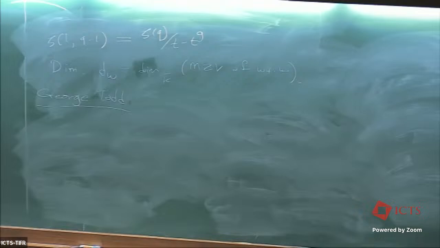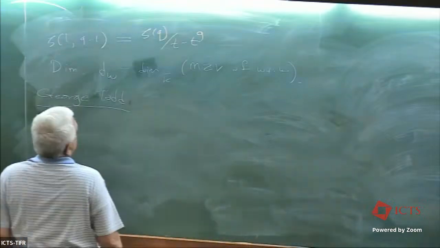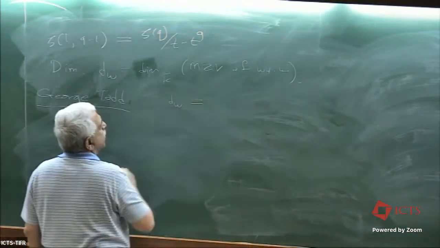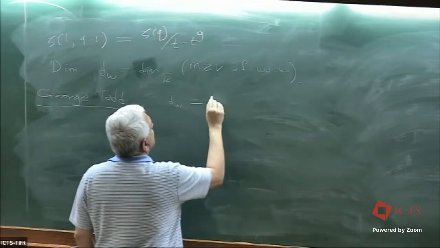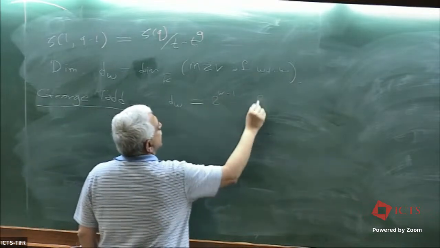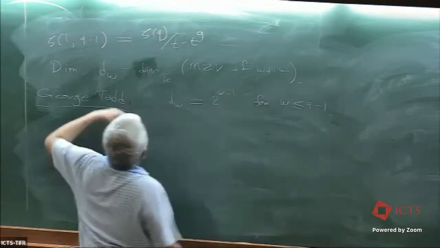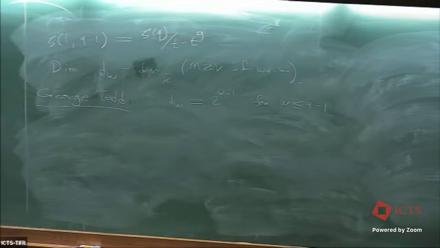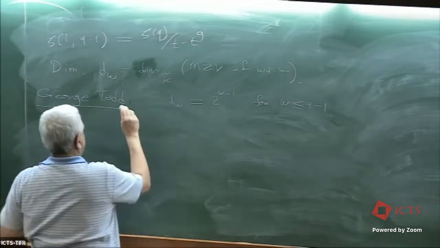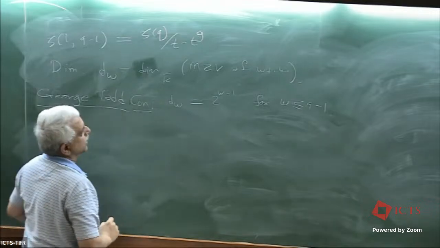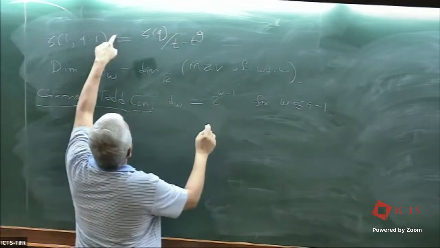But George Todd, my PhD student, so I had first of all shown that d_w is 2^(w-1) for w less than or equal to q minus 1, so there are no relations up to weight q minus 1. And I had a conjecture that there would be no relations, so this was a conjecture. This was first a conjecture, and then this relation is there.